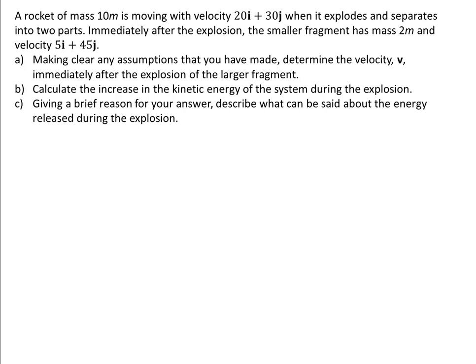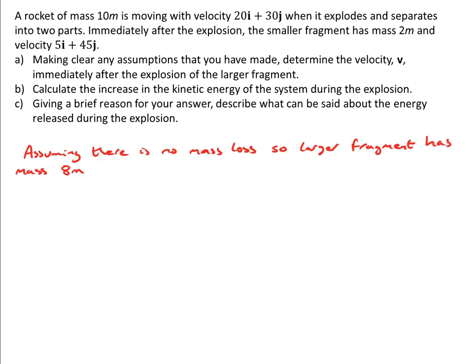We must make clear any assumptions we've made to determine the velocity immediately after the explosion of the larger fragment. Well, we're going to assume that the larger fragment has a mass of 8m. In other words, there has been no mass loss during the course of the explosion.